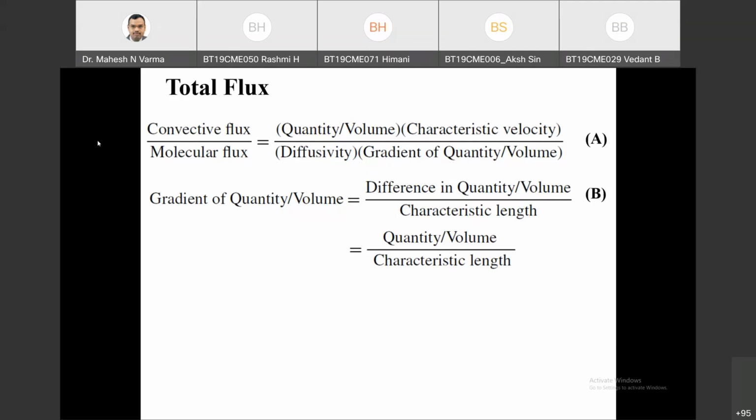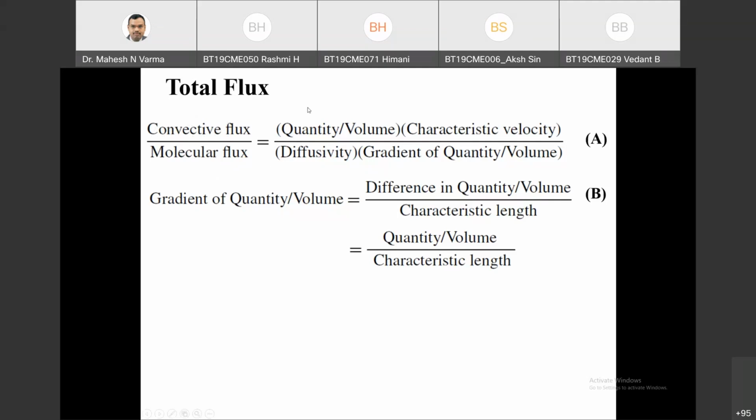Here I know the convective flux and molecular flux have the same dimension. So if I want to discuss their relative value, I need the ratio, and the ratio of these fluxes will be a dimensionless number.